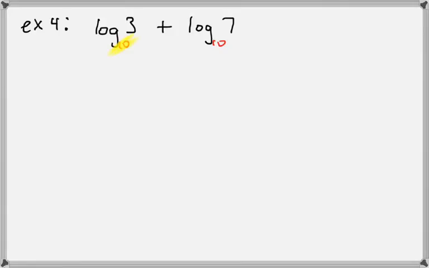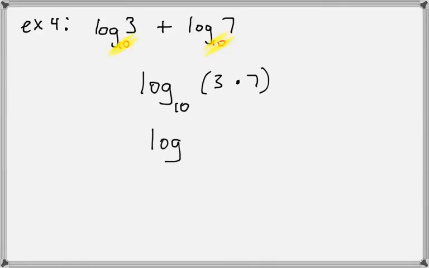So now we have a 10 and a 10. They are the same, so we can combine into one log. It would be base 10. We typically would not write that, but I'll write it for this purpose here. Of our 3 times the 7. You would generally see that written as log 3 times 7 because we won't write the 10. Anytime our base is 10, we won't write the 10. It would just stay a straight log.